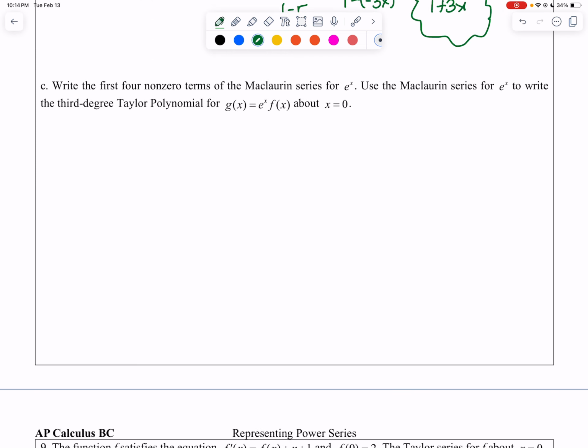Write the first four non-zero terms of the Maclaurin series for e to the x, and use the Maclaurin series for e to the x to write the third degree Taylor polynomial for that lovely thing. Three factorial is 6.